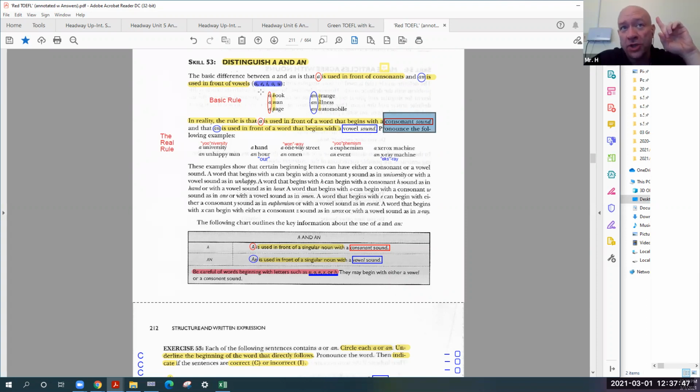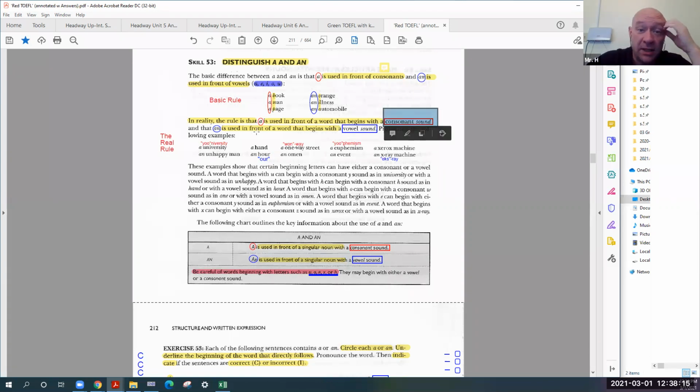Notice over here, B and M and P, all of them are consonants, right? But the key is not the letter. It's the sound, not the letter.